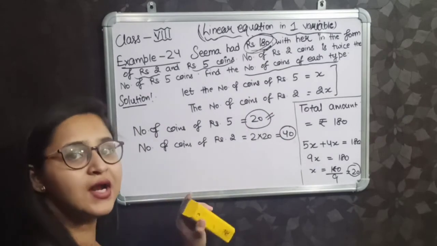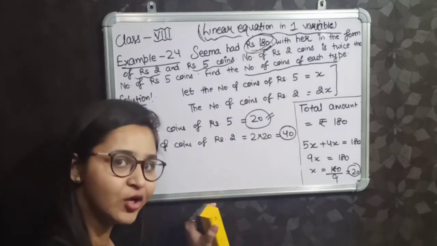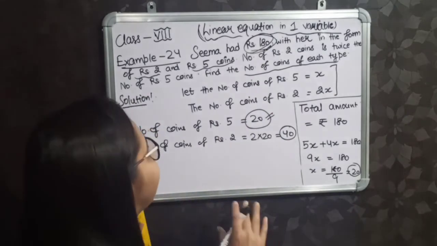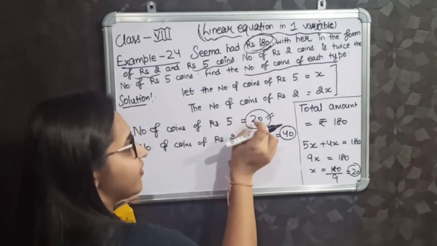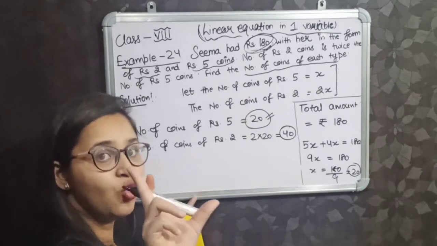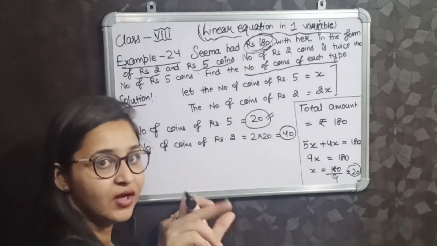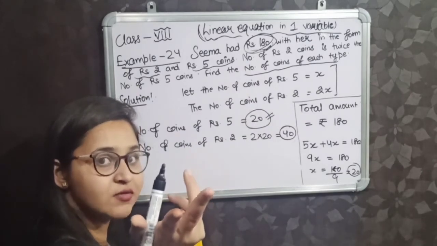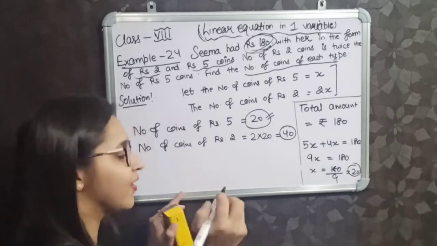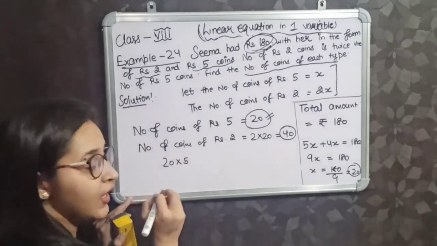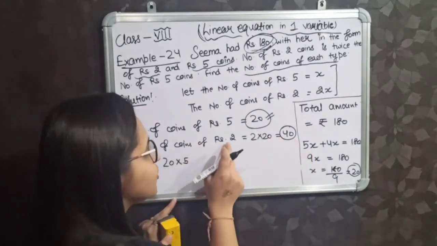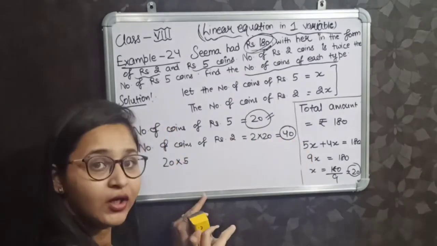Got it? Now, the last step is you will verify your answer. How will you verify? See, the number of coins of rupee 5 is 20. One coin costs rupee 5, then 20 coins will cost you 100. Why? 20 multiplied by 5. Now, the number of coins of rupees 2 is equal to 40.